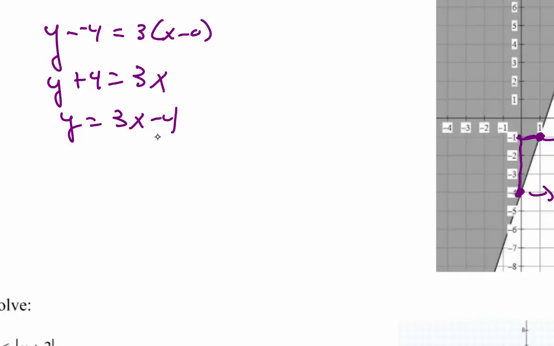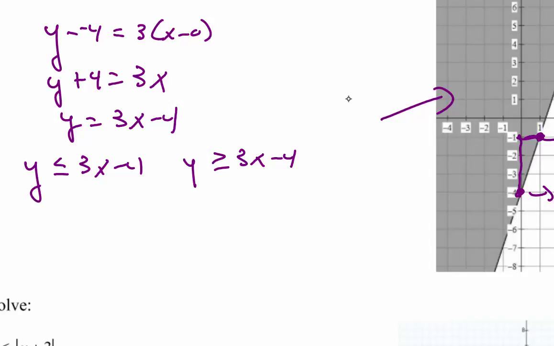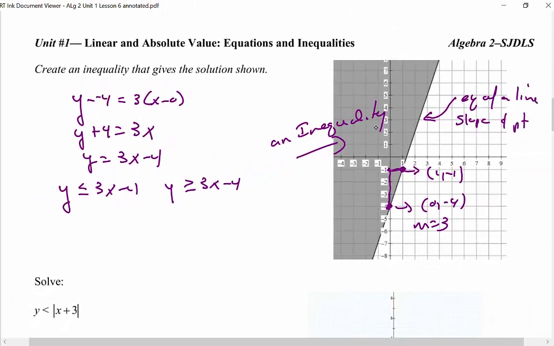Now, what I have to decide is, do I want y less than or equal to 3x minus 4, or do I want y greater than or equal to 3x minus 4? I want one of those two, because the shading is an inequality. The equal part is the border. If that had been a broken line, then I would be doing less than and greater than.